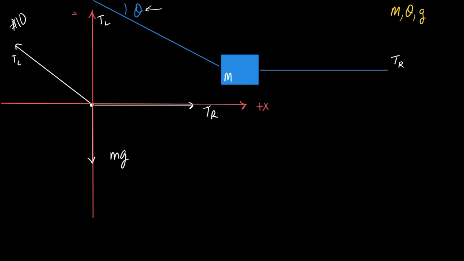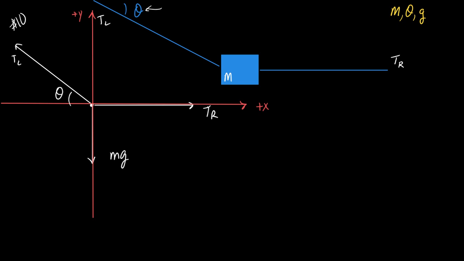This is the positive Y direction. I have one vector that's not lined up with the rest, but before I start attempting to work on it, I need to figure out where to place theta so that it fits in the scheme of what I've drawn. It's going to go here, and I know that because if I drew a horizontal line up there mimicking the ceiling, this line and this line are parallel to each other.